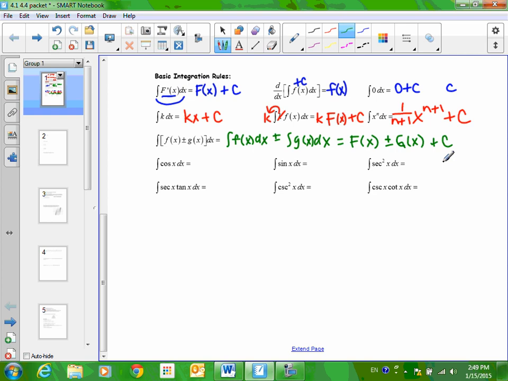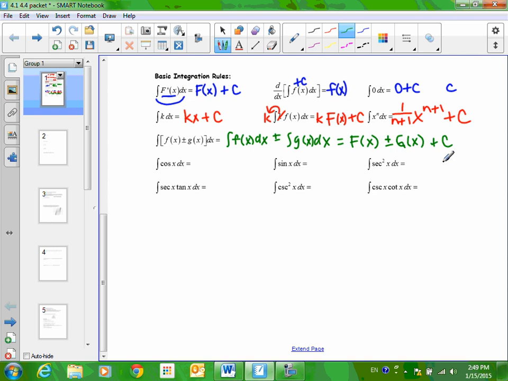Okay, did anybody write something slightly different than what I wrote? What'd you do? Instead, capital F of x plus c plus or minus capital G. So you did capital F plus C plus or minus capital G plus C. Is her answer better than mine? Is mine okay? What do you guys think? It's the same. Why would it be the same? You have the plus or minus, so either way it's going with the c.